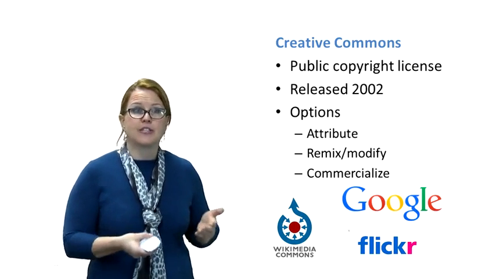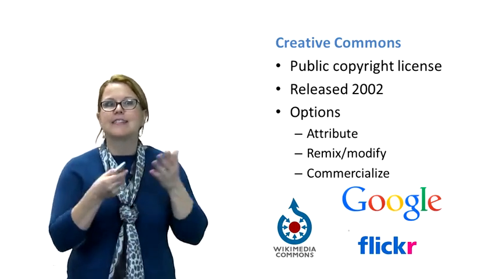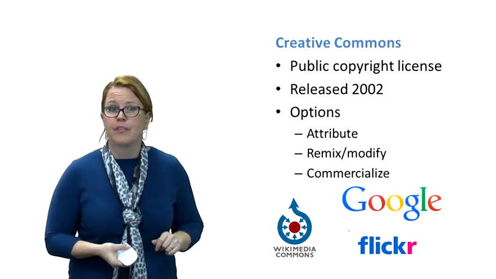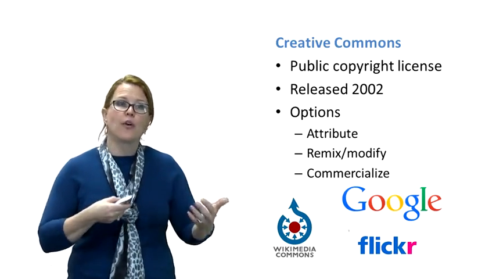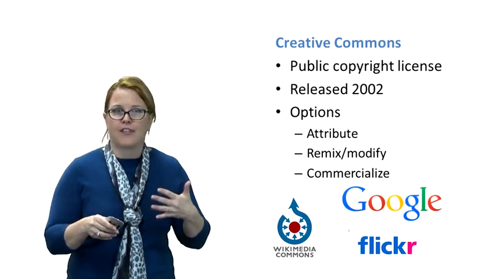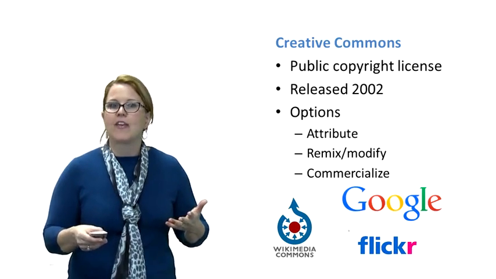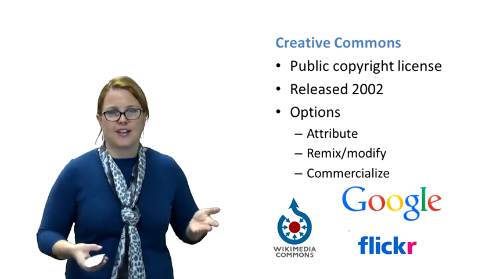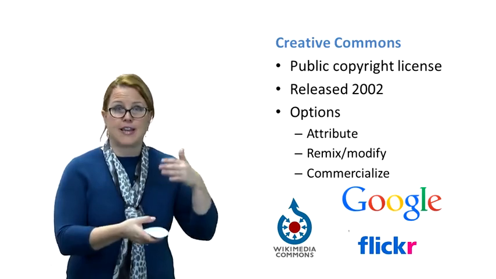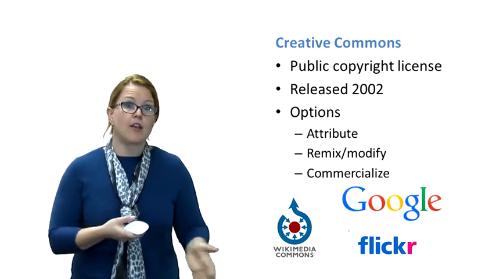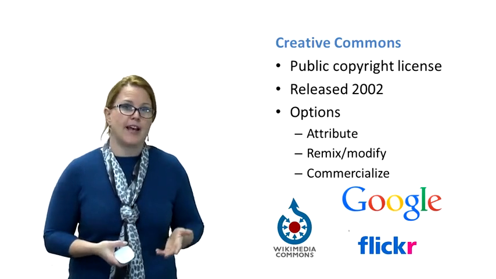So do you need to say who created that somewhere visibly in the content or setting that you're reusing it in? The second is, can you or can you not remix it or modify it? So does it have to stay intact or can you change it? And then the third is, can you commercialize it? So can it be used in a non-commercial setting or a commercial setting? So can you make money off of how you've repurposed that tool?